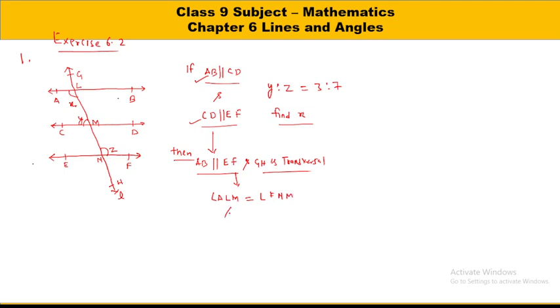That is, this is angle X, this is angle Z. Both the angles are equal, and these are alternate angles, and alternate angles are equal, as the lines AB and EF are parallel to each other and GH is a transversal. In that case, the alternate angles which form are equal. So angle X and angle Z are equal here.